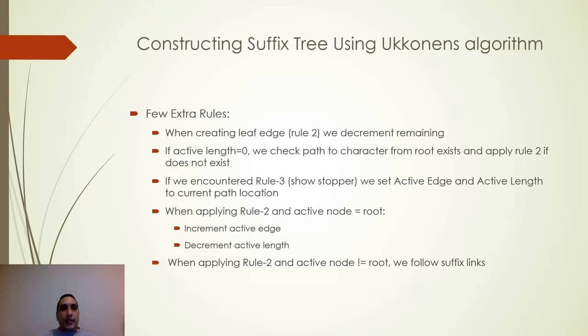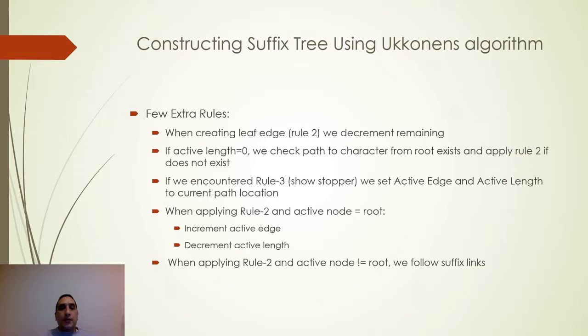Also, during any extension loop, if the active length is set to 0, we need to check for the path to the character from the root node. And if it doesn't exist, then we need to apply rule number 2 to create the leaf edge and create a path from the root node to that character.